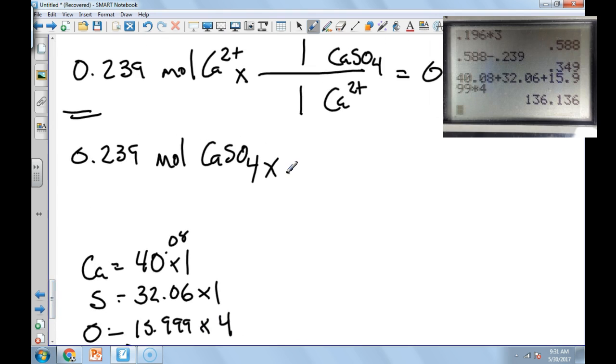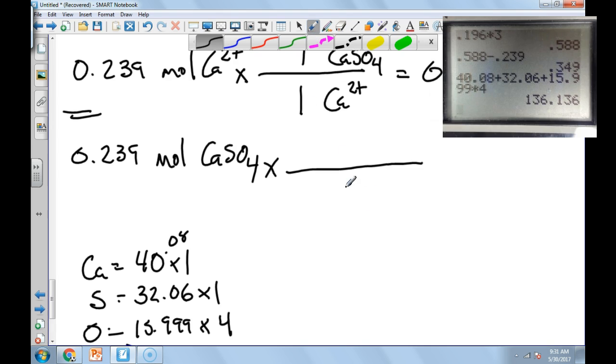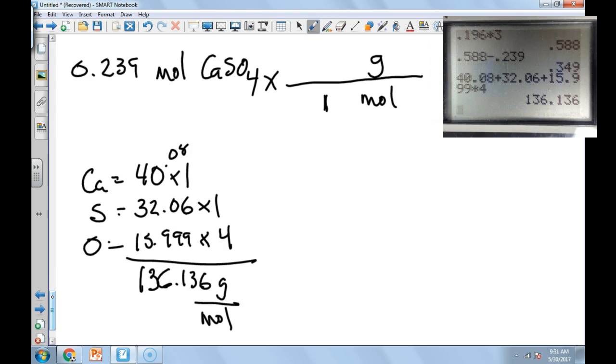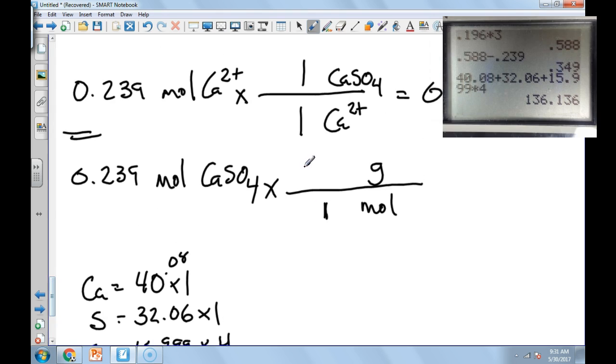So we come up here, we start our X line. You get going quick and all of a sudden you make a silly mistake. We're going from moles to grams, and so for every 1 mole of calcium sulfate, it weighs 136.136.